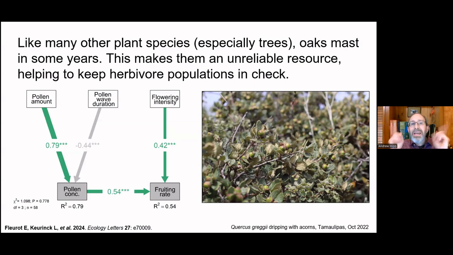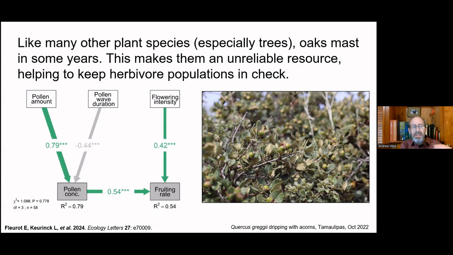What drives it? It's weather. Early springs, warm springs can increase pollen production, flowering intensity, and pollen synchrony. Lower temperatures can reduce all of these. A midsummer drought can veto flowering.